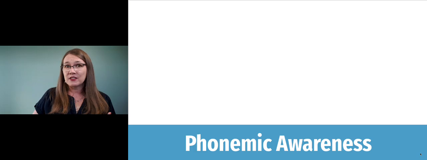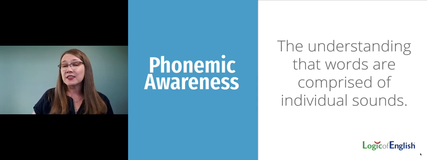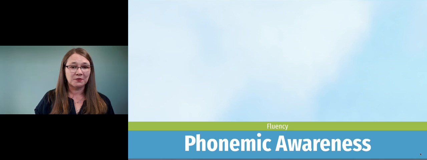Let's look at the 5 essential skills of reading again. The foundational skill of reading is phonemic awareness. And phonemic awareness is the understanding that words are comprised of individual sounds. We will be coming back to this as we look at the pre-lesson. But phonemic awareness, at its basic definition, is that students understand that spoken words are made up of sounds.